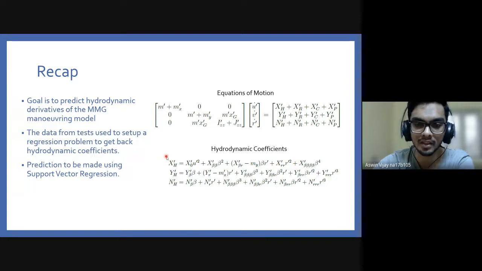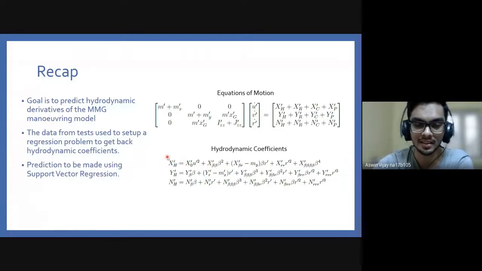So if you want to model them mathematically, you will need a high number of coefficients which integrate u, v, and r of the ship motion.